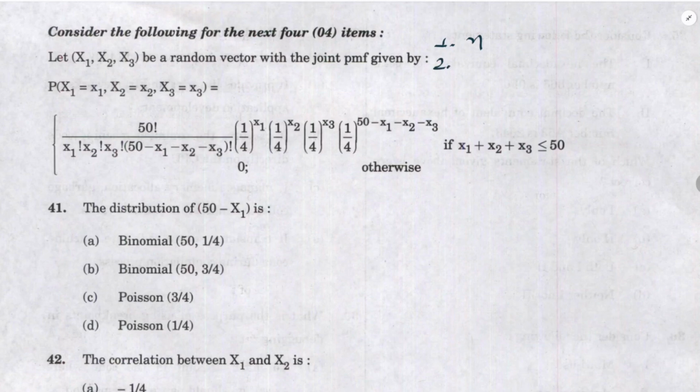Condition 2 is that the trials are independent. The third condition is that the probability of success should remain the same in each trial. And the fourth condition is that there should be only 2 outcomes, success and failure.